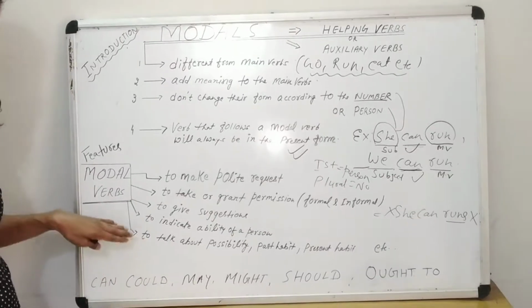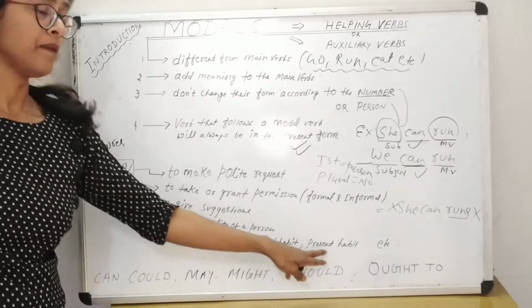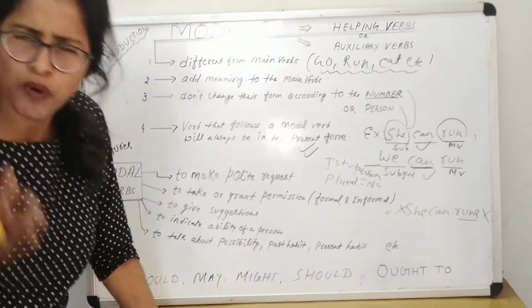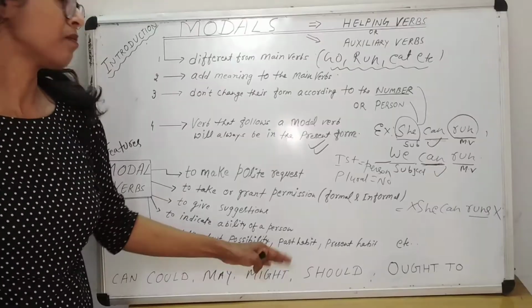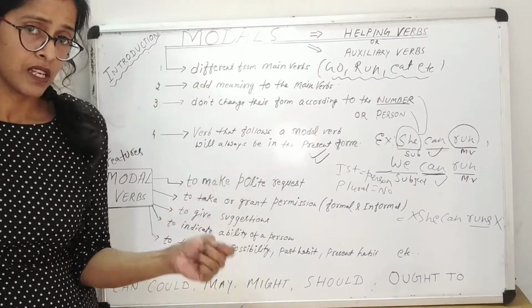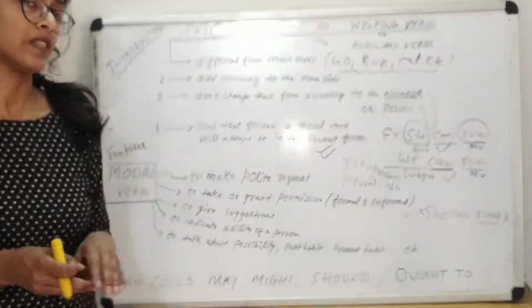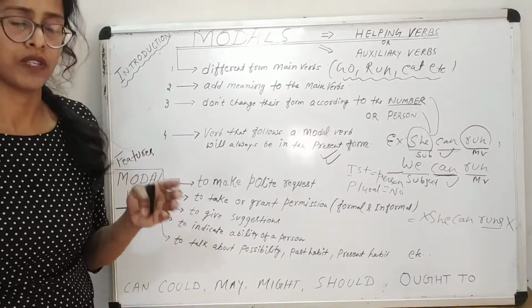Now the next point, to talk about possibility, past habit and present habit. If you are talking about a high possibility, or a weak possibility, or any past habit or present habit, in that situation also, you can use an appropriate modal verb accordingly.